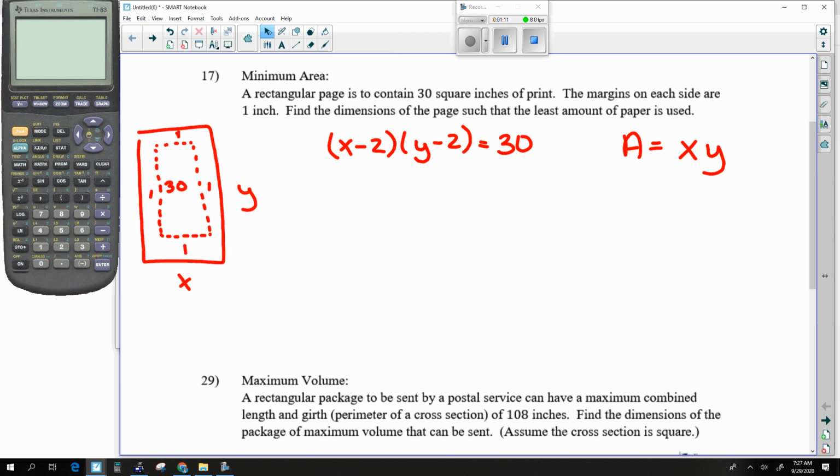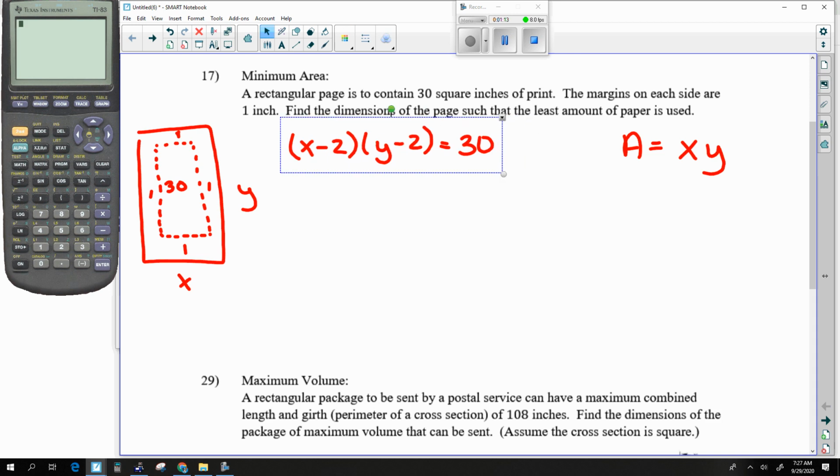Okay, let's get this ball rolling here. Let's solve for Y. Why not? So we got 30 minus X plus 2 in essence. So I'm subtracting off the X minus 2. And that's Y minus 2. And, excuse me, that is incorrect.